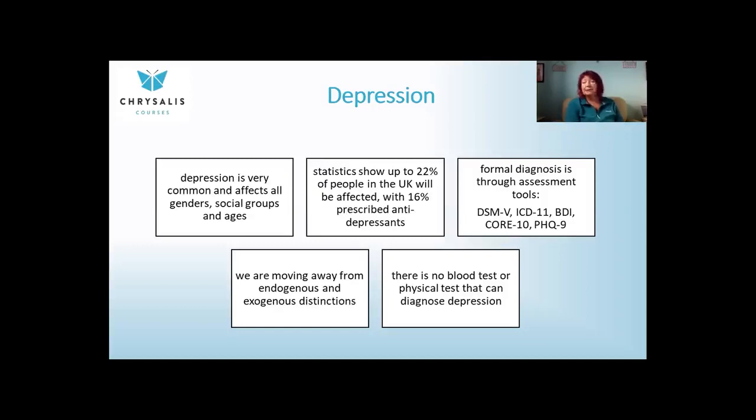And there's also the International Classification of Diseases, or the ICD, and they're used alongside diagnostic tools such as the Beck Depression Inventory, the CORE-10, and the PHQ-9. And these are all tools which ask a client a number of questions to assess the level of distress present and the severity and frequency.